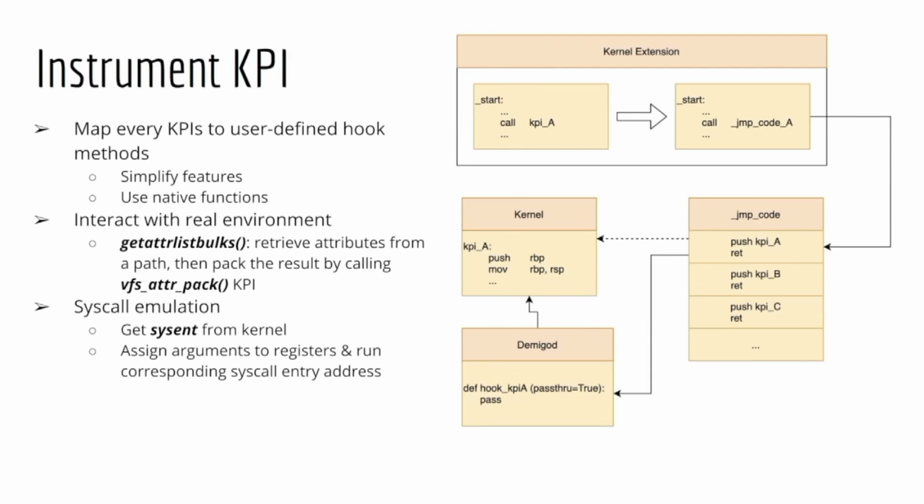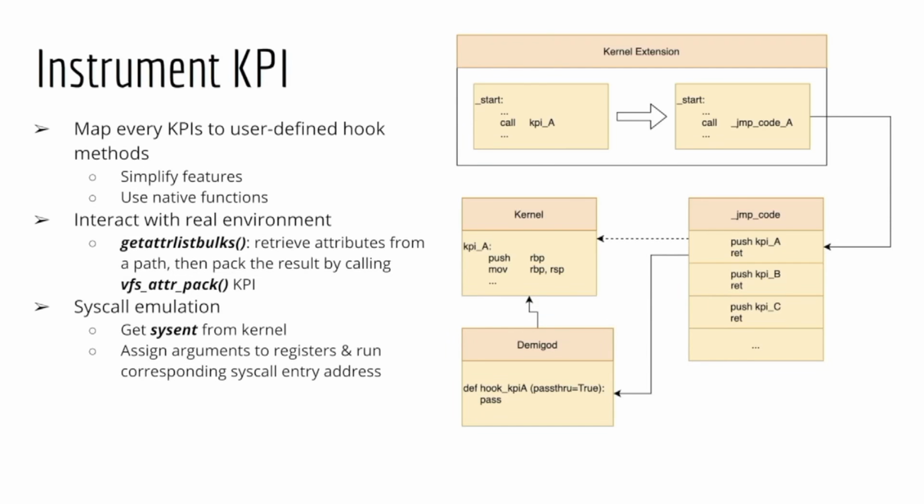And for some functions unrelated to the host environment, I give the driver a chance to interact with the real machine. For example, getattrlistbulk is a function to retrieve every entry in a directory. So I just scan all the files and folders in the directory and pack them using the VFS attribute pack function from the kernel.